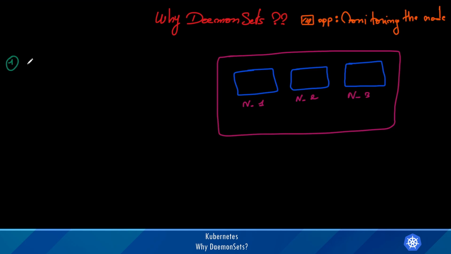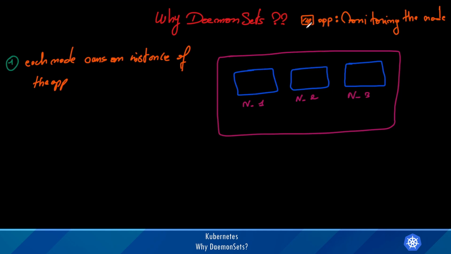this app. So here we want to make sure that each worker node runs an instance of this app. We want to have a copy of this app on each worker node.